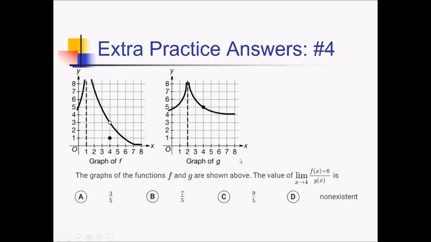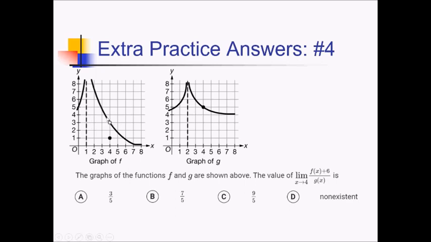On this problem, we're given the graphs of f and g, and we want the limit as x approaches 4 of f of x plus 6 over g of x. So we need to figure out the limit of f and the limit of g as x approaches 4, and then we can use those values in this overall expression. Taking a look at the f function here, as x approaches 4 from the left and the right side, the f graph is approaching the y value 3.